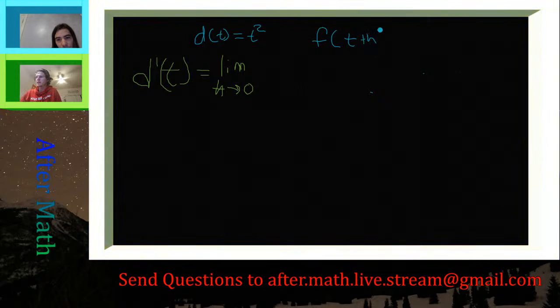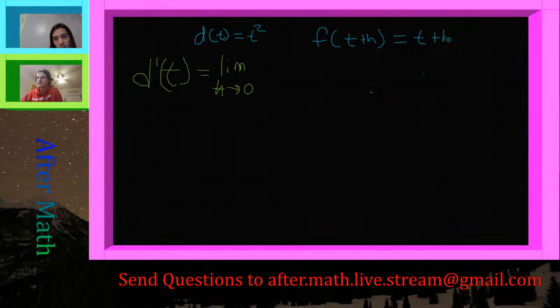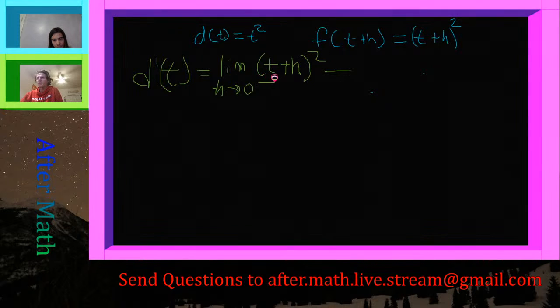So what that means, this equals t plus h squared, okay? So we just have t plus h squared, minus the other part, which was just f of a.